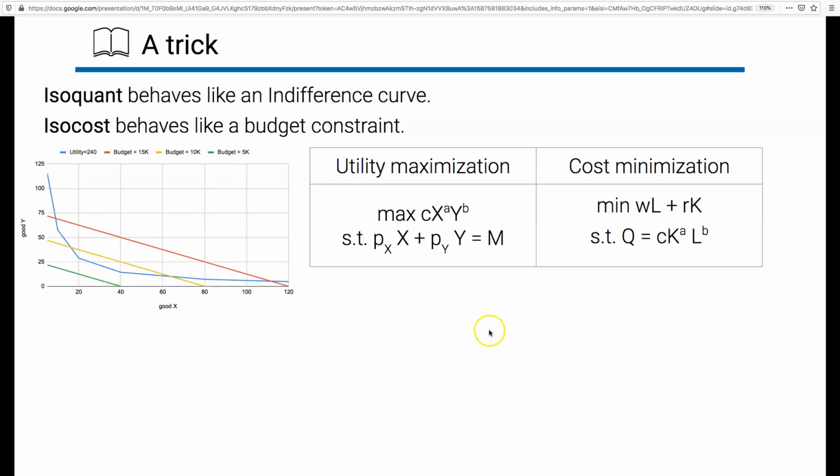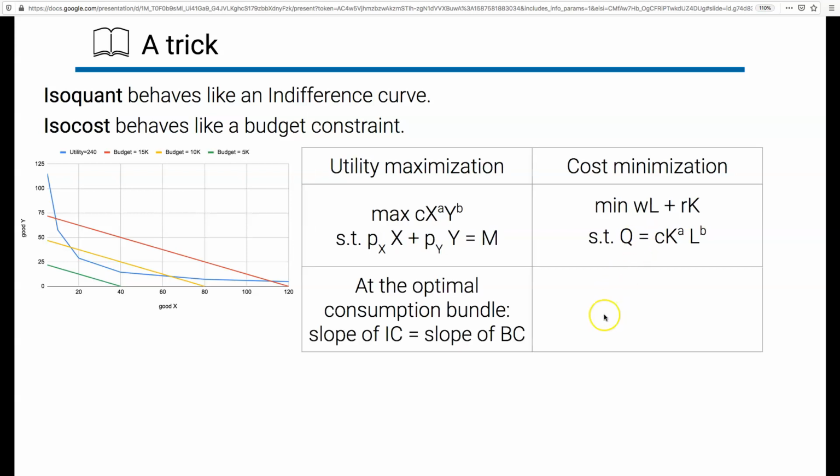So in a sense, the consumer and the firm are solving the reverse problems. One has a fixed budget and wants to go as far as possible in terms of utility. The other one has a fixed output and wants to go as close as possible to the origin in terms of the cost.